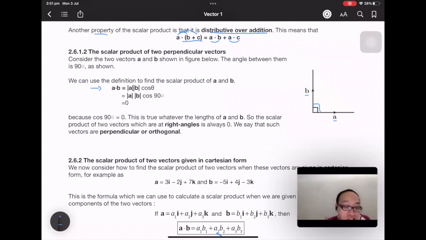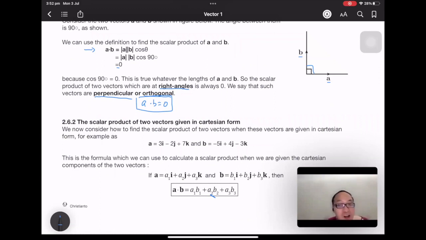Cos 90 is 0. So A dot B equals 0. So that means if we have A dot B equals 0, we can say the two vectors are perpendicular or orthogonal. The dot product is always equal to 0.